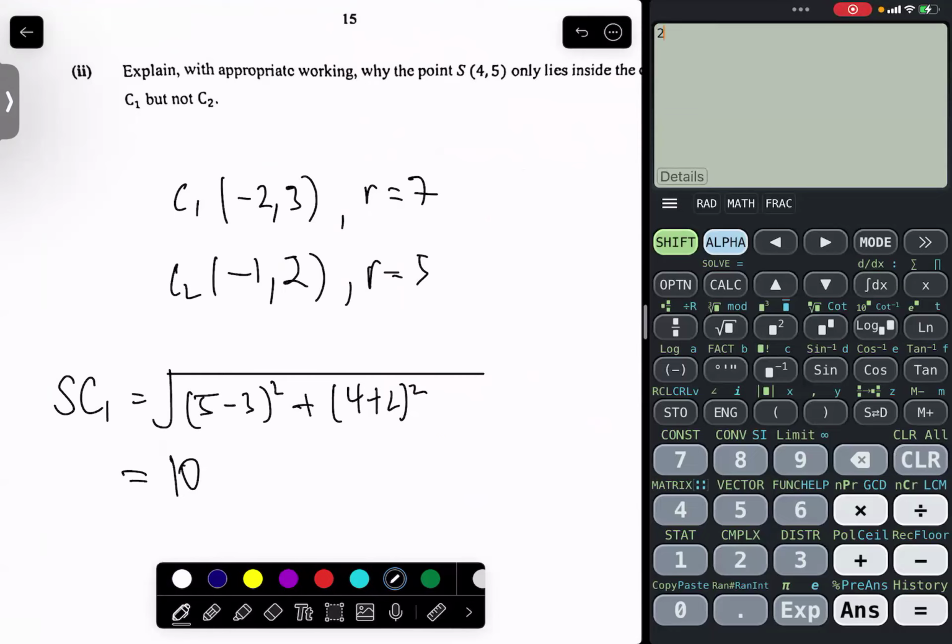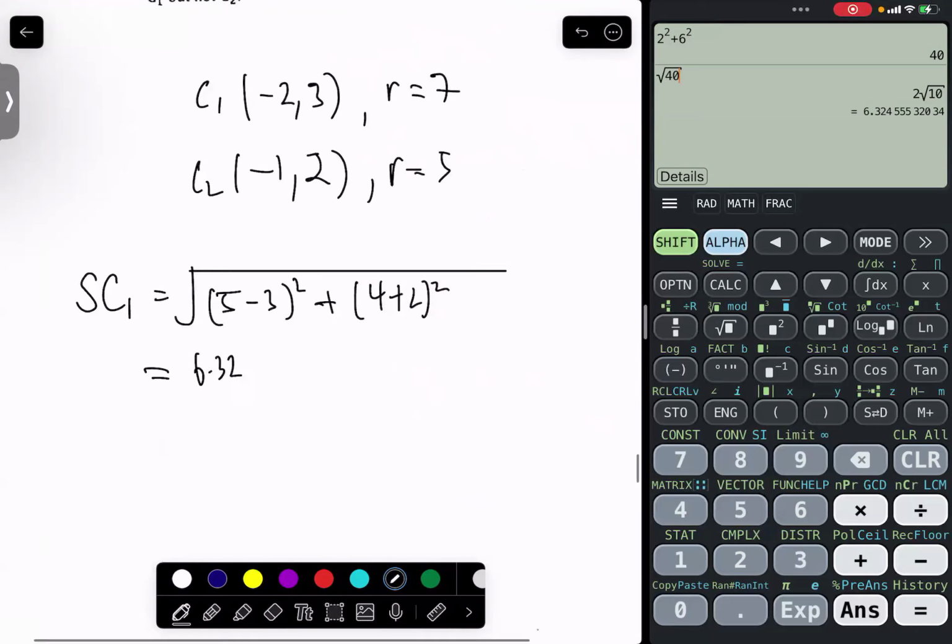So 2 squared plus 6 squared. Square root of 40 is 6.32. Since 6.32 is less than 7, therefore S is inside C1.